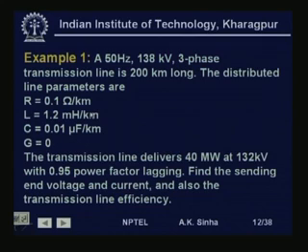So, what we are given is the transmission line parameters, its resistance, its inductance and capacitance per kilometer length, and we have the line length given.